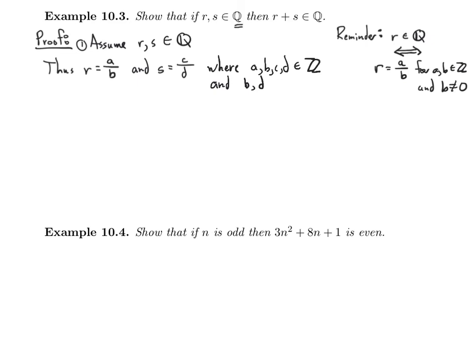We can't have 0 in our denominators, so b and d can't be 0. Okay, so that is assuming that the if part is true.